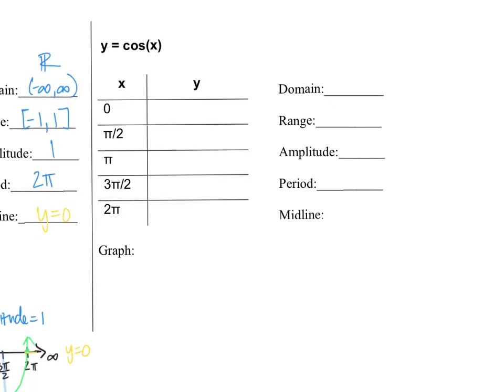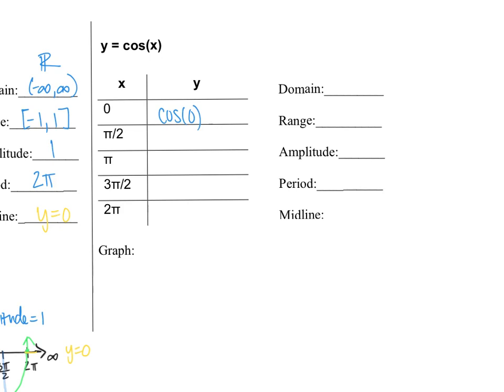All right, let's talk about cosine. We're going to use the same method here for cosine. We need to graph the points by plugging in some x values that I've strategically chosen, from 0 to 2 pi. Because now we're dealing with cosine, if I plug in 0 for x, I have to look at the x values on the unit circle.